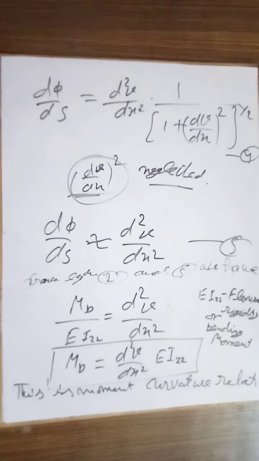So like this we can say this is our final equation, final result, and it is also known as the moment curvature relation.